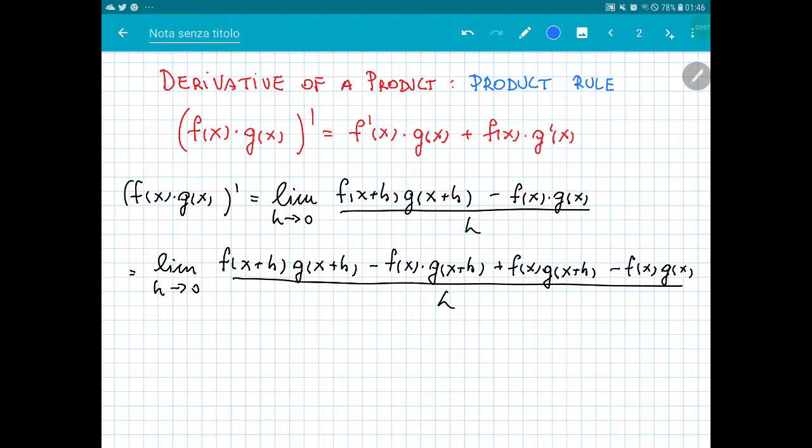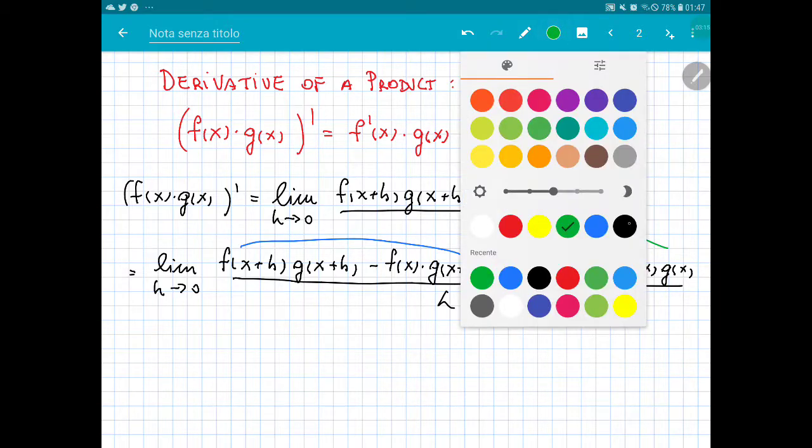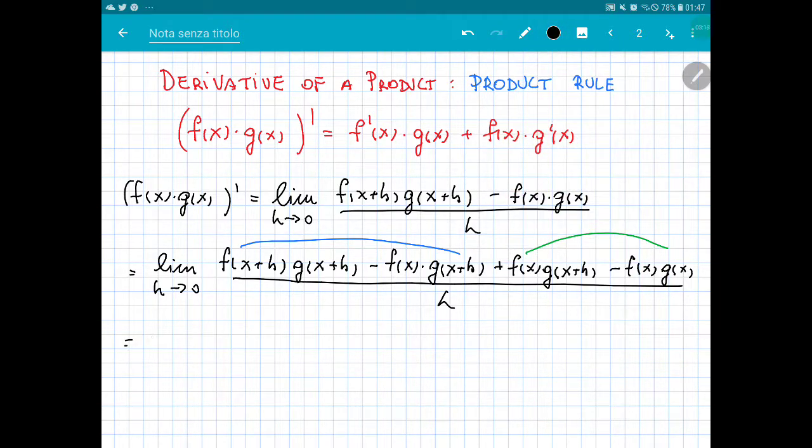And now we're going to group together these two and these two. So what do we get? We still have a limit as h approaches 0. Now, if I group together these first two terms, they have in common the factor of g of x plus h. So I can factor this out, g of x plus h. And then from the first term, if I take out a g of x plus h, I will be left with the term f of x plus h.